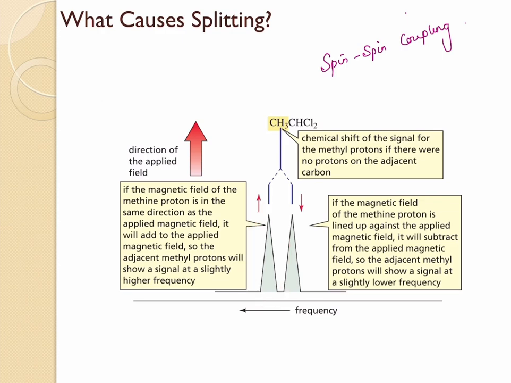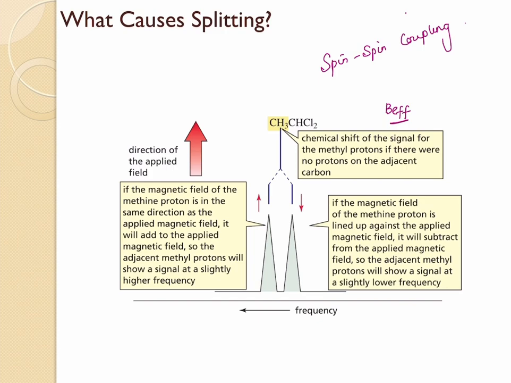Now let's say that the magnetic field of this methine proton is aligned against the field. In which case it will subtract from the applied magnetic field. The B effective will be a smaller number. The actual magnetic field that is experienced by this nucleus will be a smaller number, and therefore it is expected to show a signal at a lower frequency, which can be seen here. So this is the reason for the splitting.